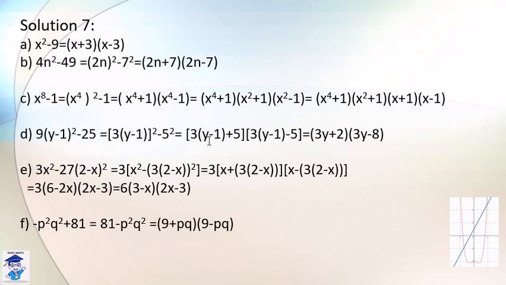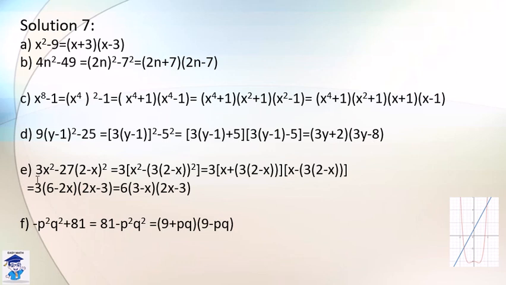So I can make this 3 times the whole thing, y minus 1 and plus 5, and times y minus 1 and then minus 5. So they simplify like that: 3y plus 2 times 3y minus 8.